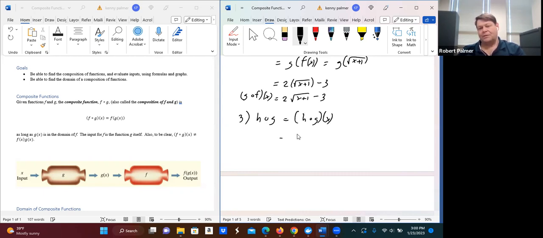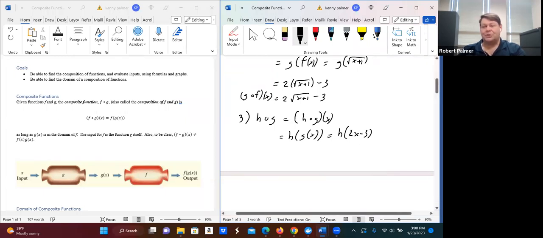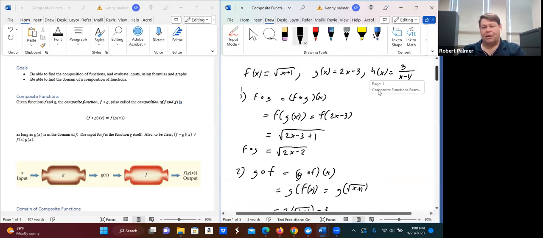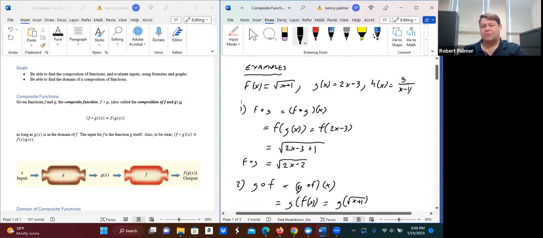And once again, what that means, the input my function h is going to be my function g. So wherever I see an x in my function h, I'm going to replace it with g, which is 2x minus 3. So remember what our function h is. Like up here, it's 3 over x minus 4.